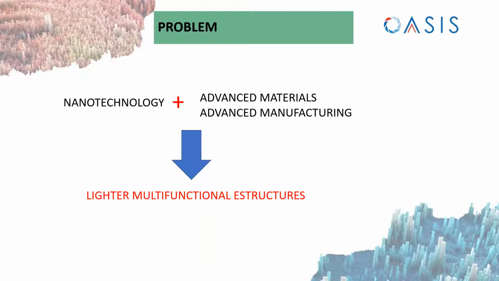do not show, can be solved by the combination of nanotechnologies with other key enabling technologies such as advanced materials and advanced manufacturing. In this way, this combination can lead to lighter and multifunctional structures.